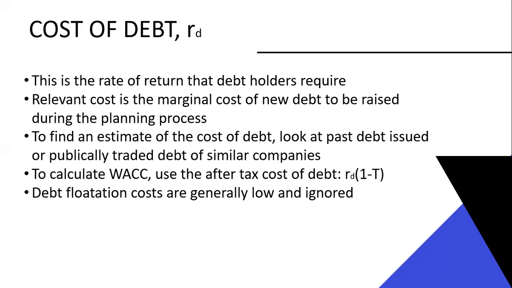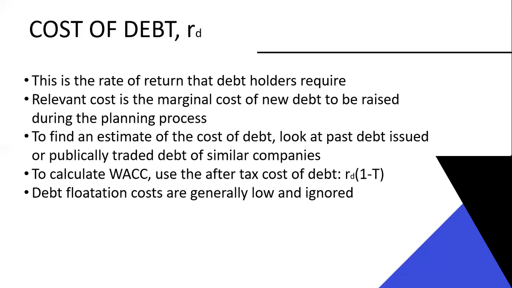And generally speaking, it's hard to figure that out. But one way to figure it out is to look at the past debt issued, or publicly traded debt, of similar companies. Let's say, for example, you're planning to launch a product in a month's time or two months' time.